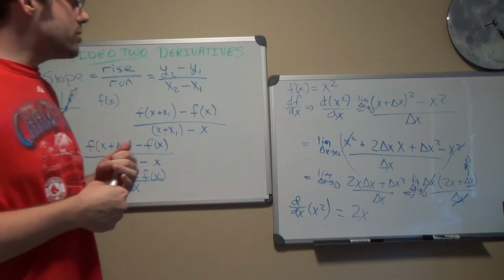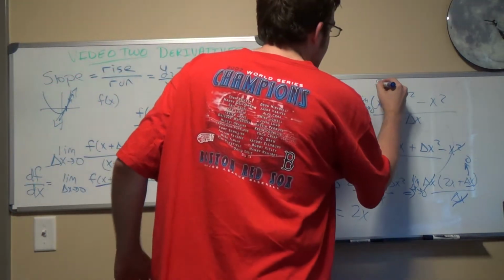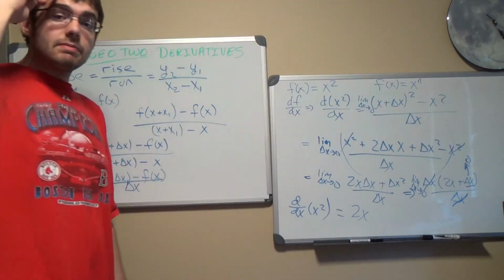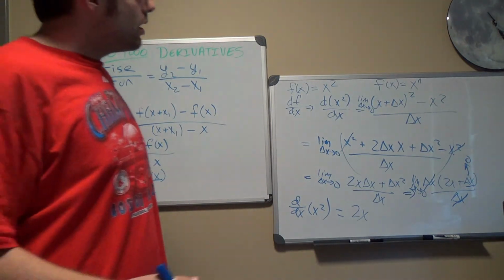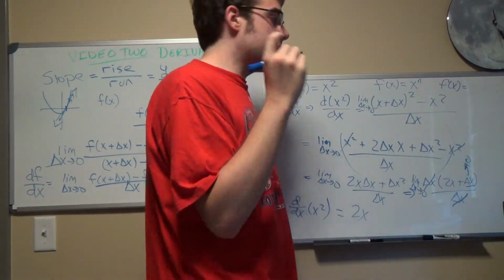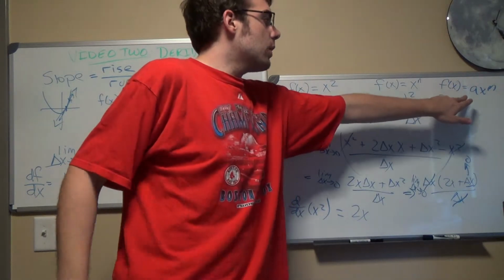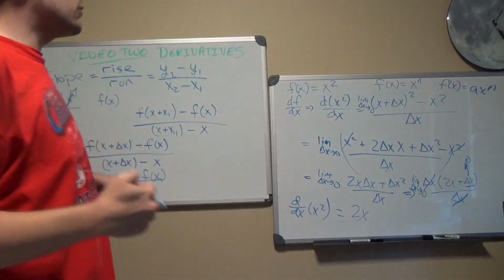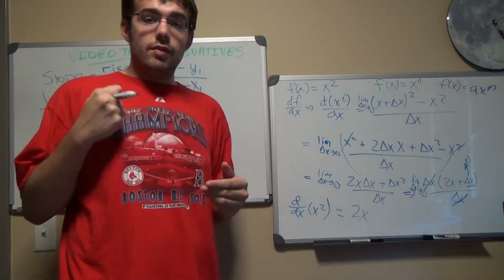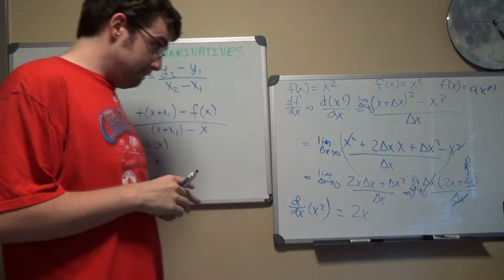What we'll be doing next time is f of x equals x to the n, or we can further expand this into f of x equals a x to the n, where a is a constant. We can find the derivative of that using the binomial theorem.